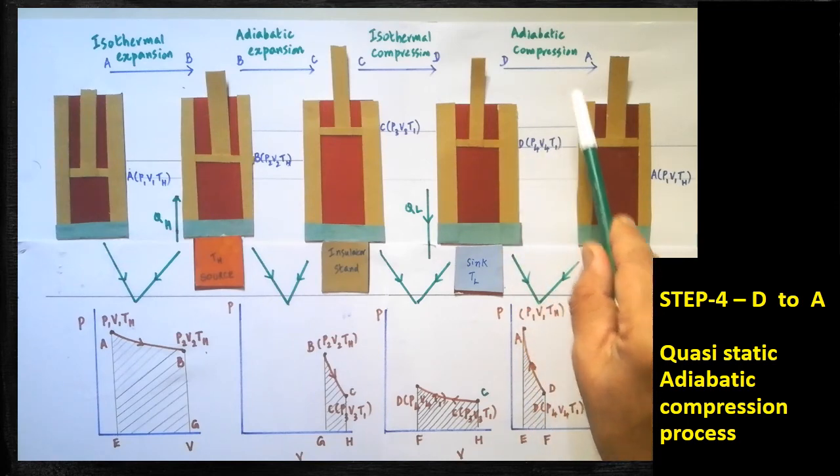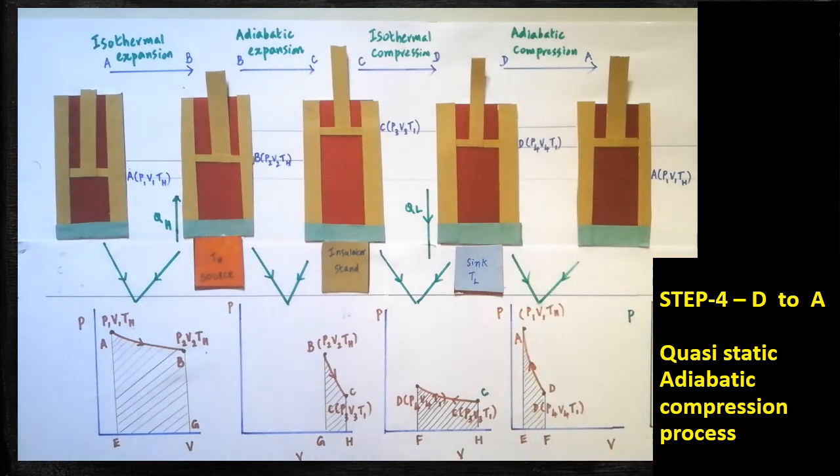To perform the adiabatic process, what we have to do? The working substance must be kept on the insulating stand. After placing the working substance on the insulating stand, what will happen? No exchange of heat takes place. Heat will never be exchanged from the working substance to outside, and no heat will be exchanged from the outside to the working substance.